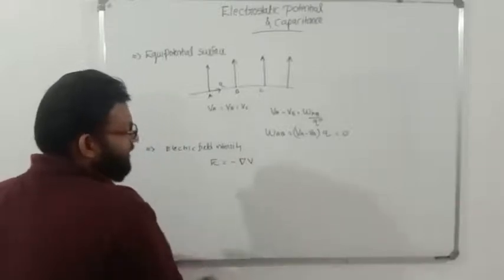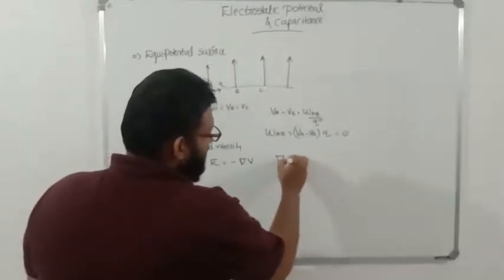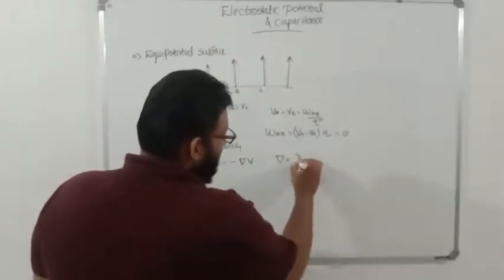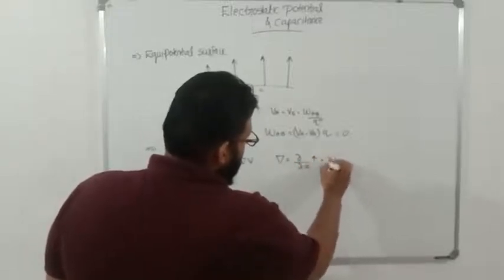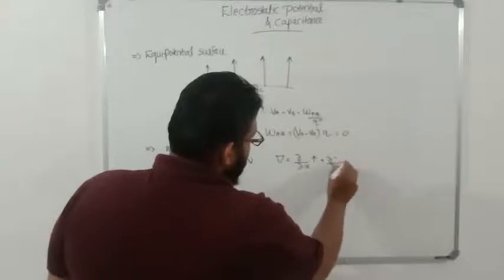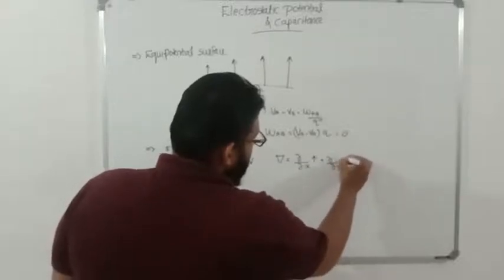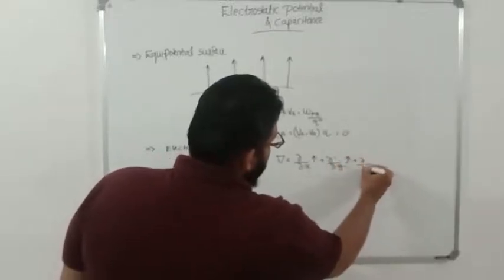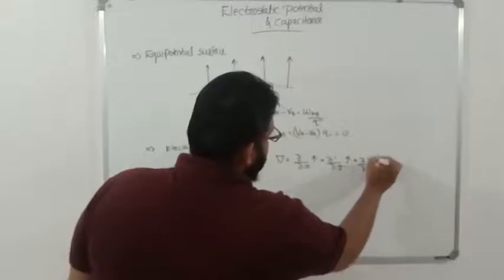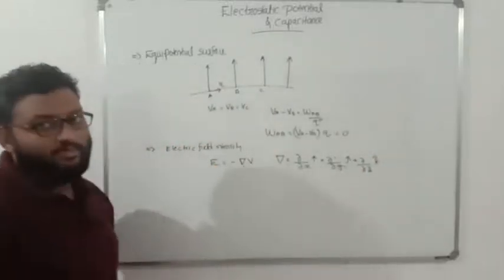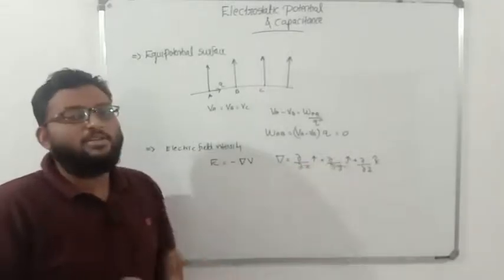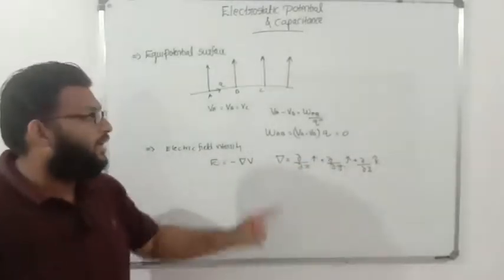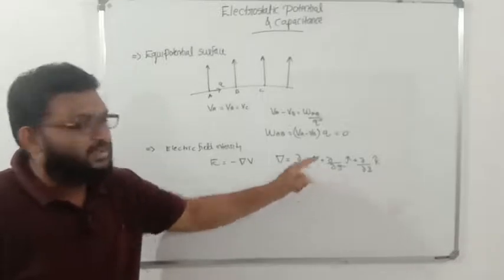Del is an operator, which we can represent by dou x of i plus dou y of j plus dou z of k. Dou is a partial derivative. Partial derivative means a function which depends on more than two variables can be differentiated with respect to one variable.